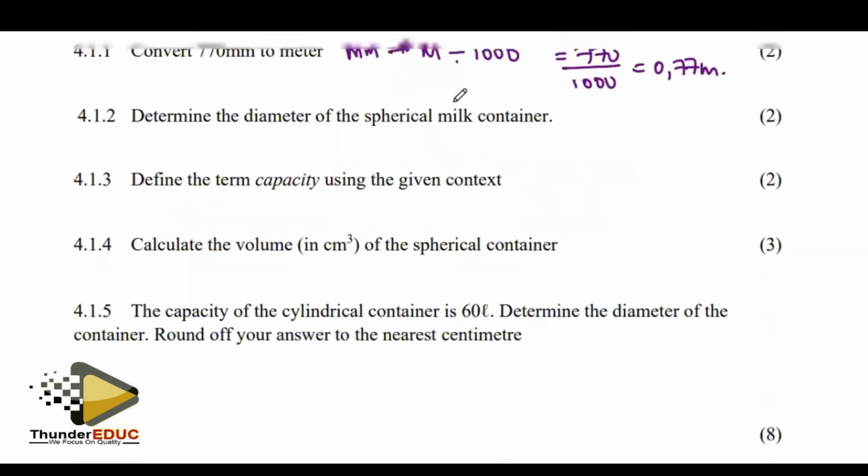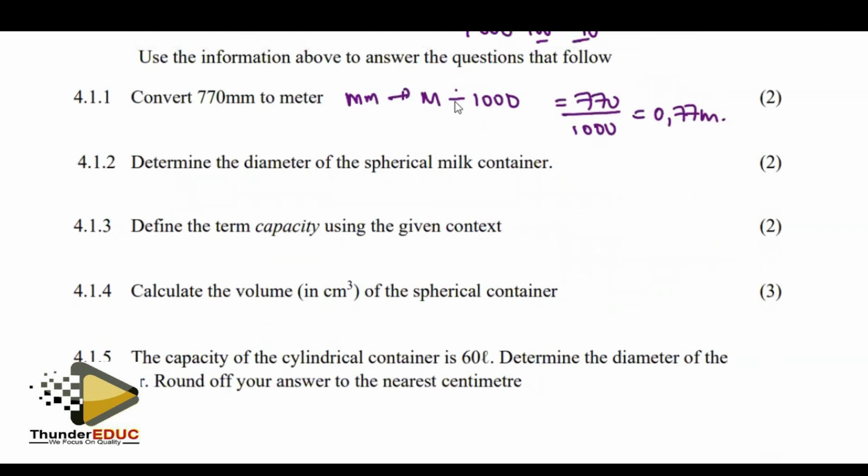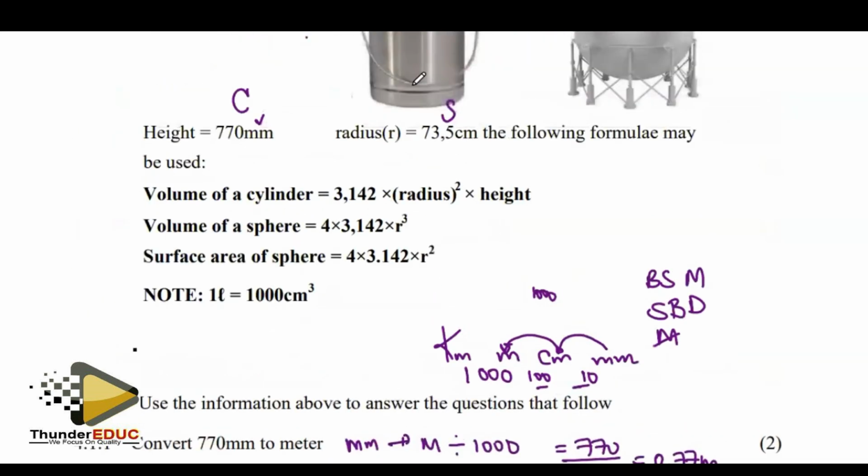So remember, when we are looking for the diameter, it will equal 2 times radius, which is 2 times 73.5, and gives you the answer as 147 centimeters.